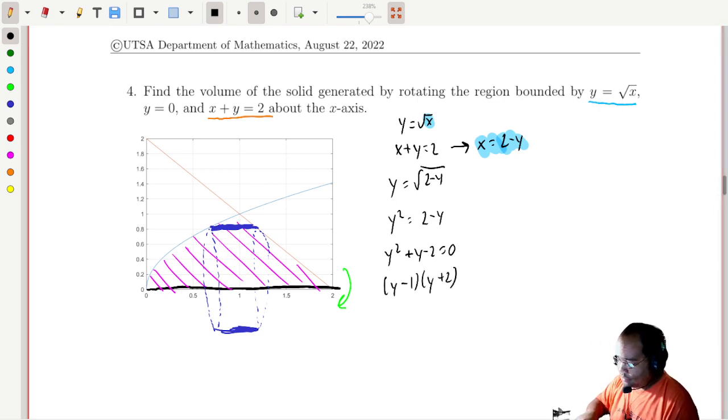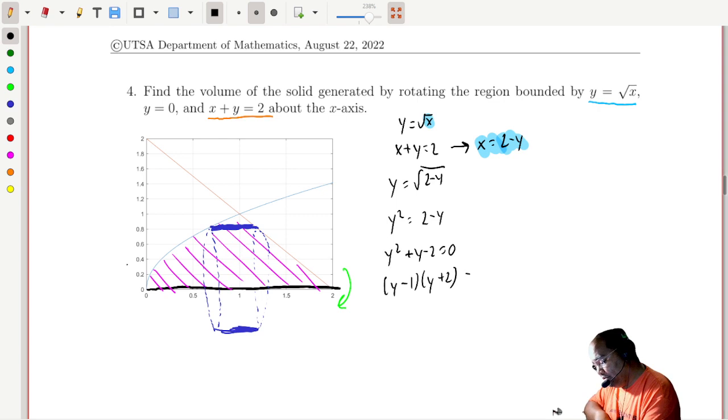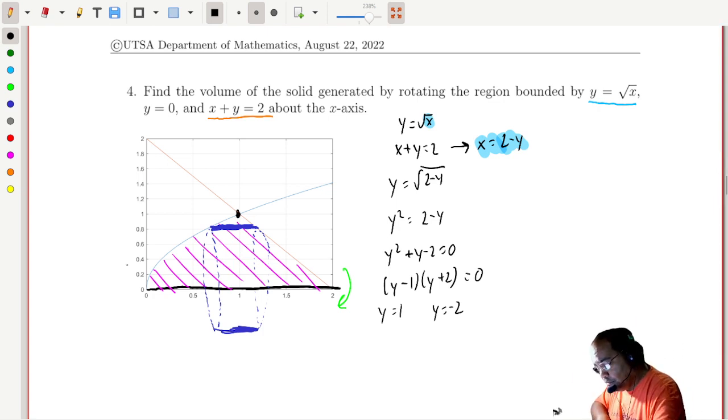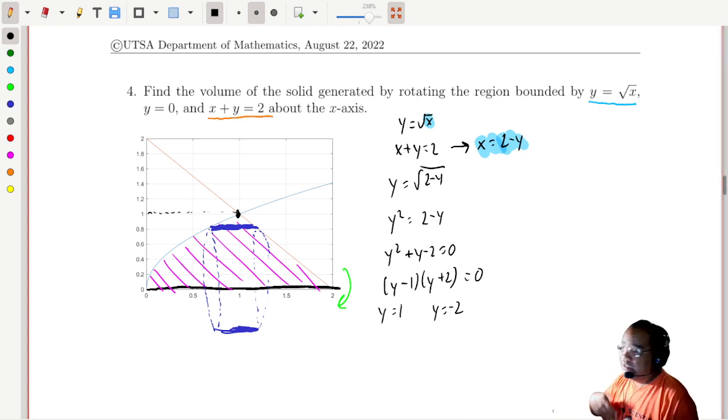Does that check out? Negative 1 times positive 2 is negative 2, and 2 minus 1 is 1. Using the zero product property, y equals 1 or y equals negative 2. The one that makes sense in our picture, and agrees with the MATLAB plot, is y equals 1. Let's circle that because we'll need it.